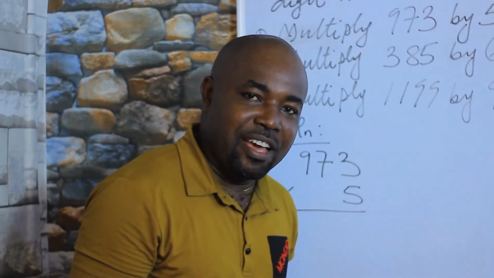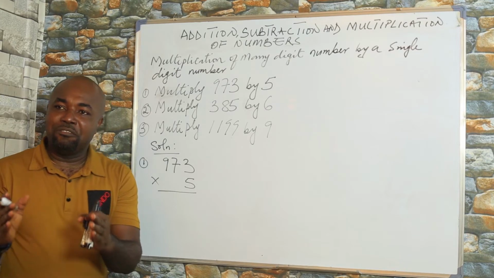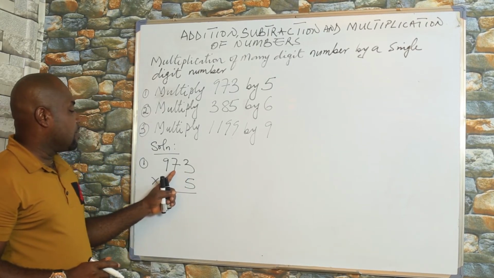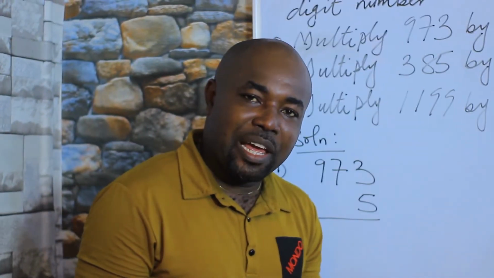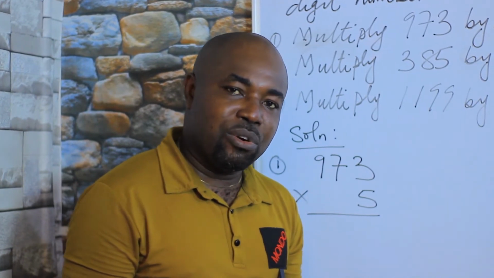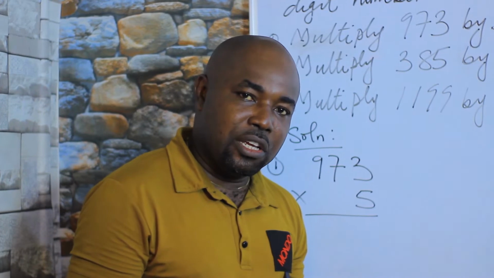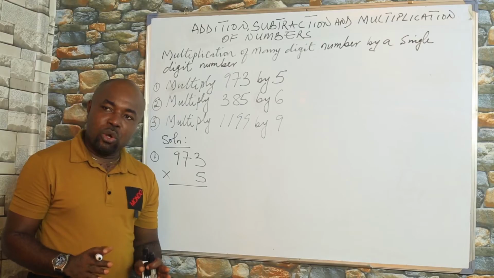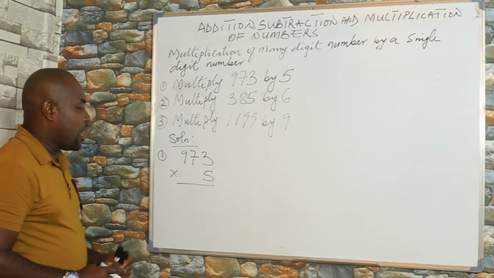As you can see here, we are still applying our knowledge of place value of numbers. This is unit, tens, hundreds. Make sure you apply this knowledge and arrange your number in order before you begin to solve any question. Are you following? Alright. So let us handle this.